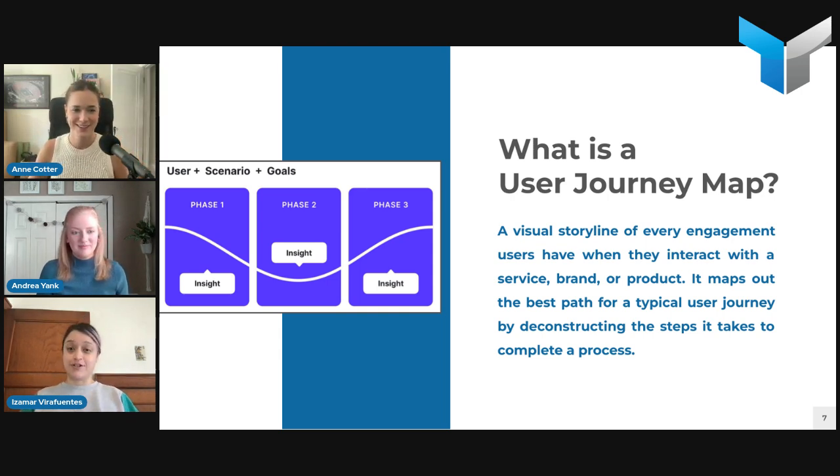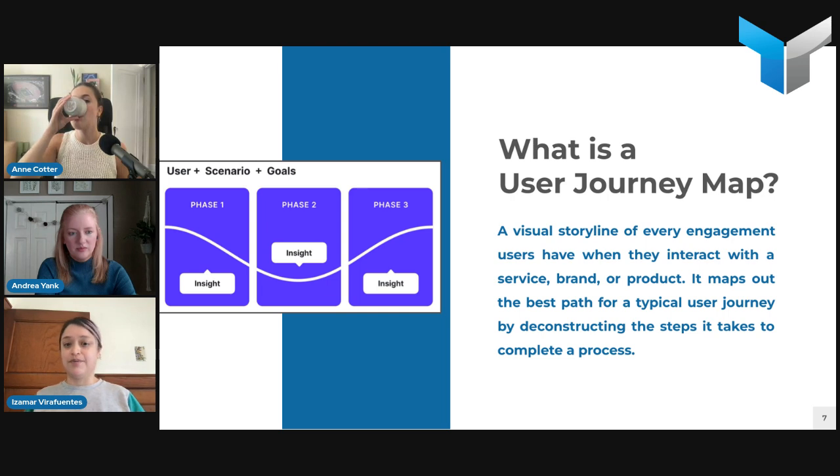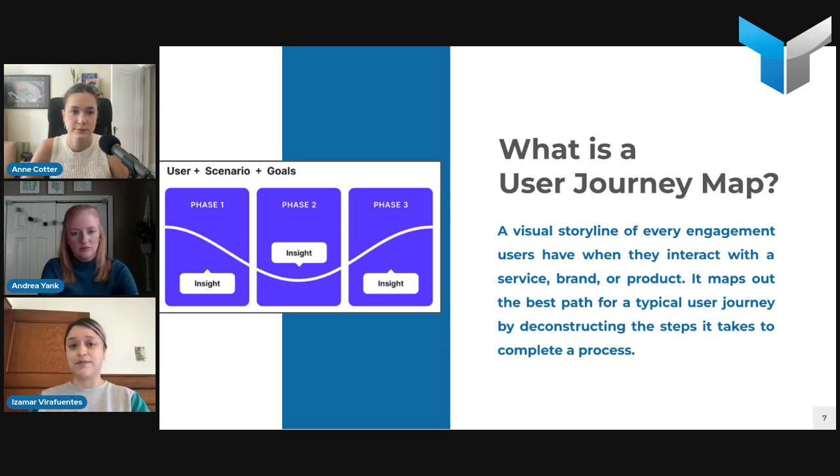Awesome. So first off, what is a journey map? Can't start it if you don't know what it is. Essentially, it's a visual storyline of every single engagement a user has, step by step, when they interact with anything regarding your company, whether that's your service, brand, or product. It also shows the best path that you want a user to take, and it helps by deconstructing every single step it takes to complete the process.